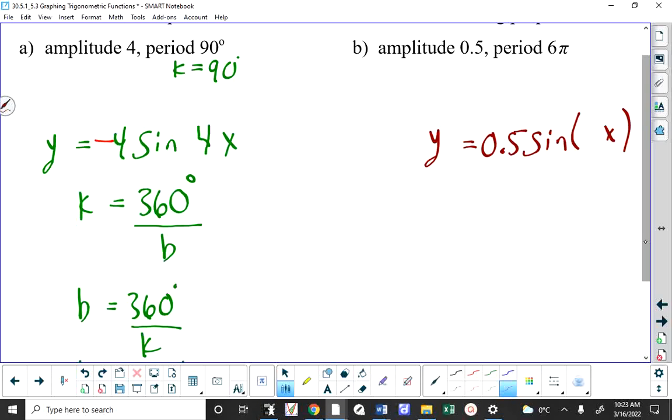If the regular period is 2 pi and it becomes 6 pi, I've stretched things by a factor of 3, which means b is a third. Or you could say b is 2 pi over the period, which is 2 pi over 6 pi, but that's a third.